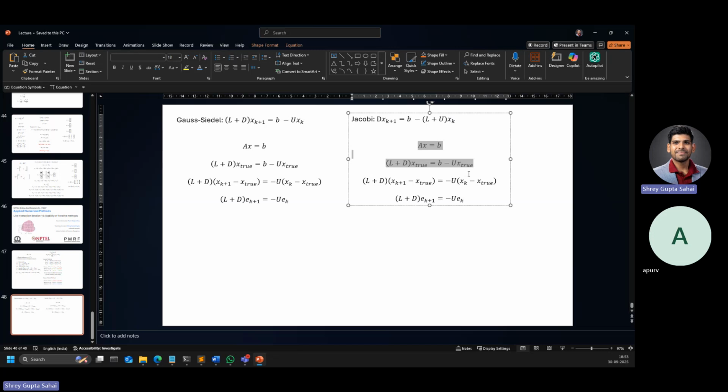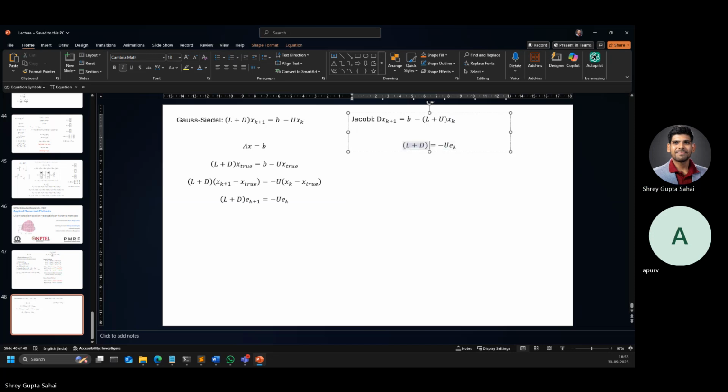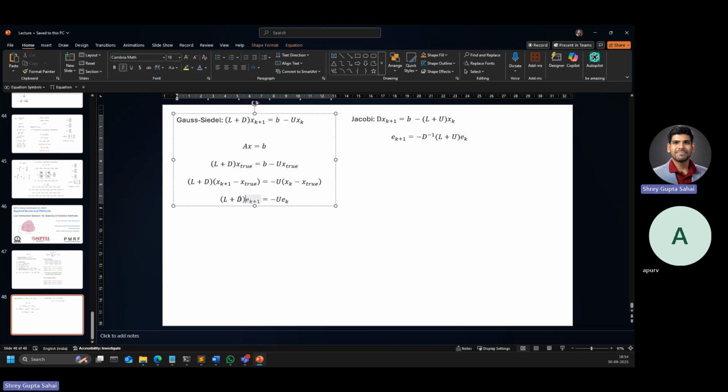So now that would have implied that e k plus 1 would be minus D inverse (L plus U) e k. And so you see it is different.